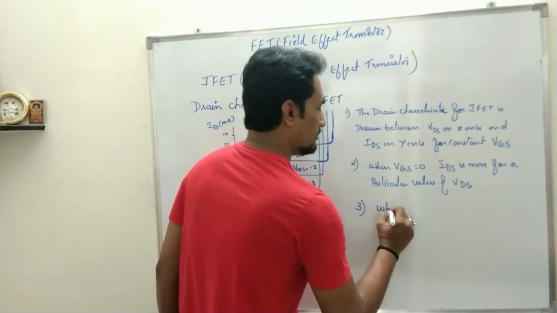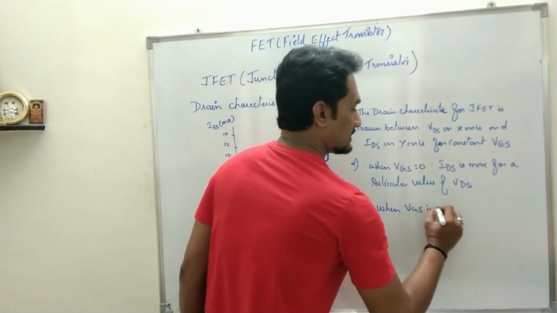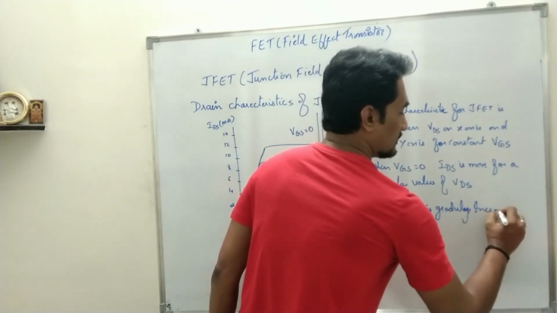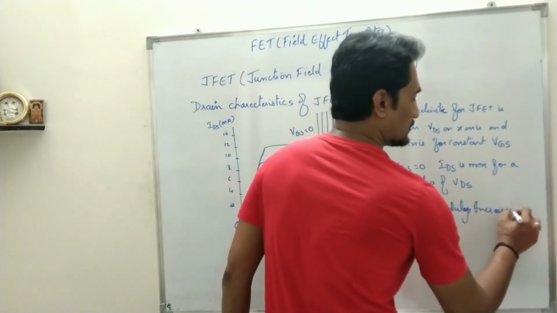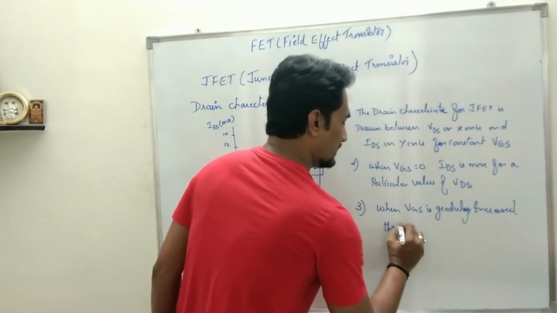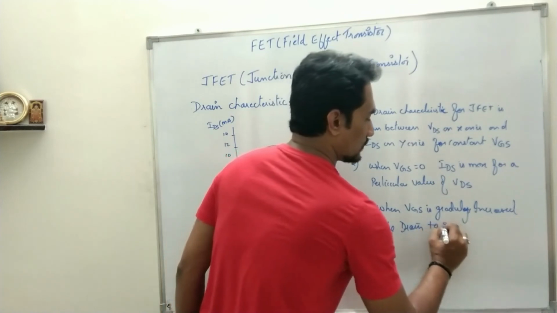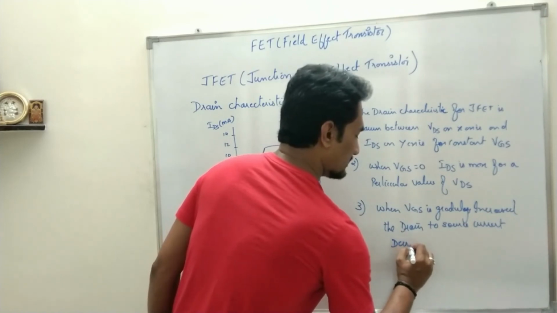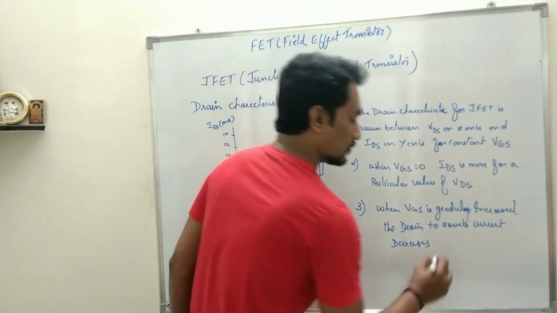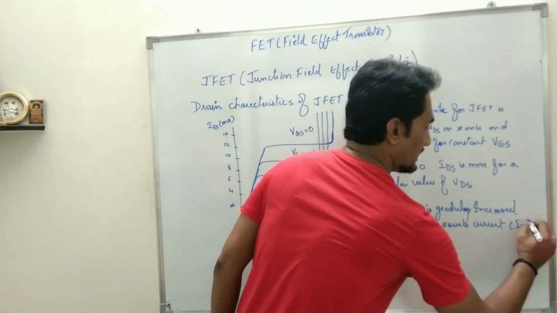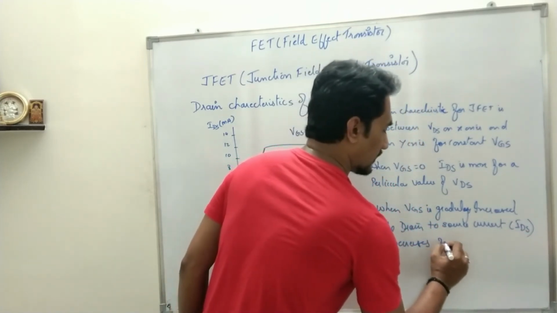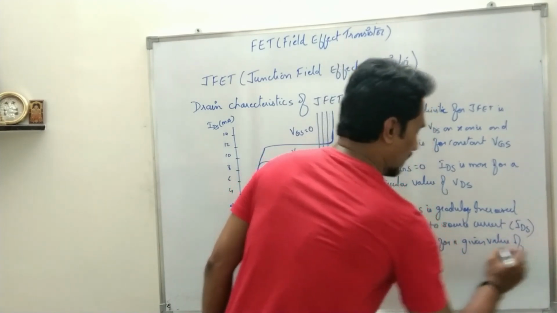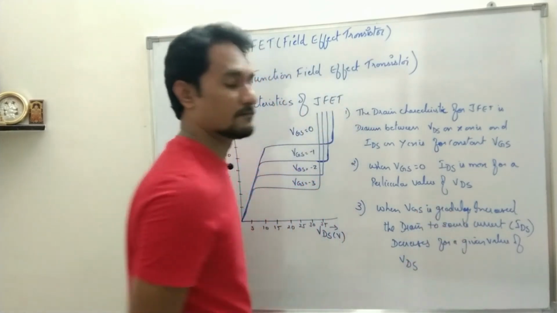Third, when VGS is gradually increased, the drain to source current, that is IDS, decreases for a given value of VDS.